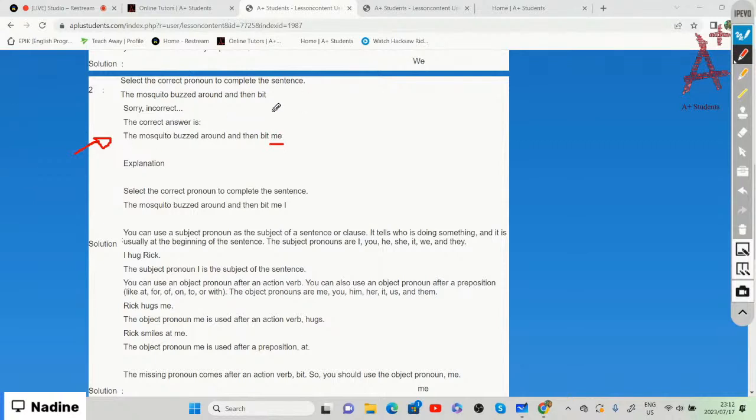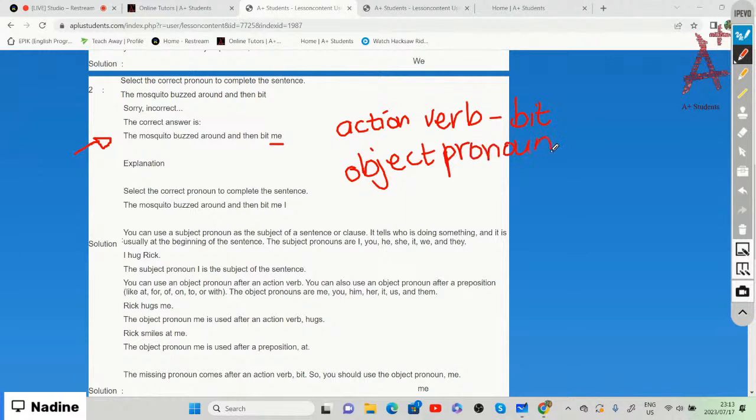Me comes after the action verb bit, so the action verb is bit and the pronoun is an object pronoun, which is me.